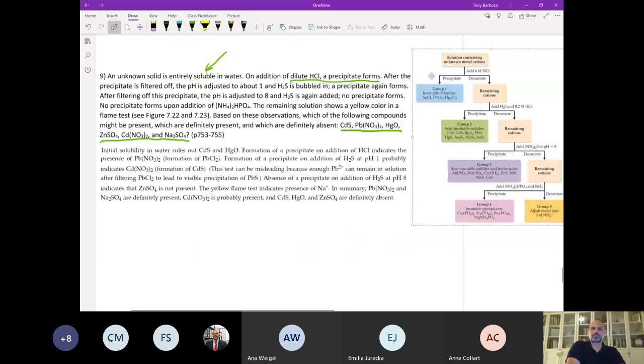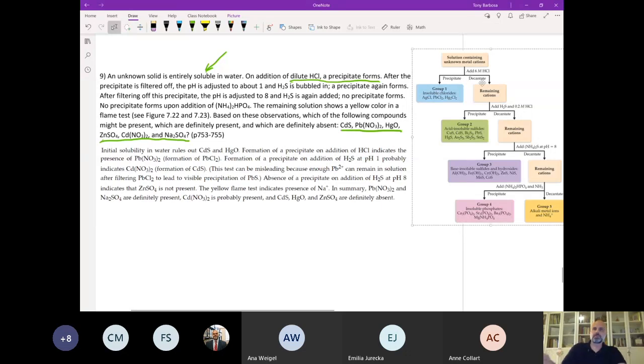All right, so here we go. If we have dilute HCl, right? You're at an HCl solution here, and you form a precipitate.